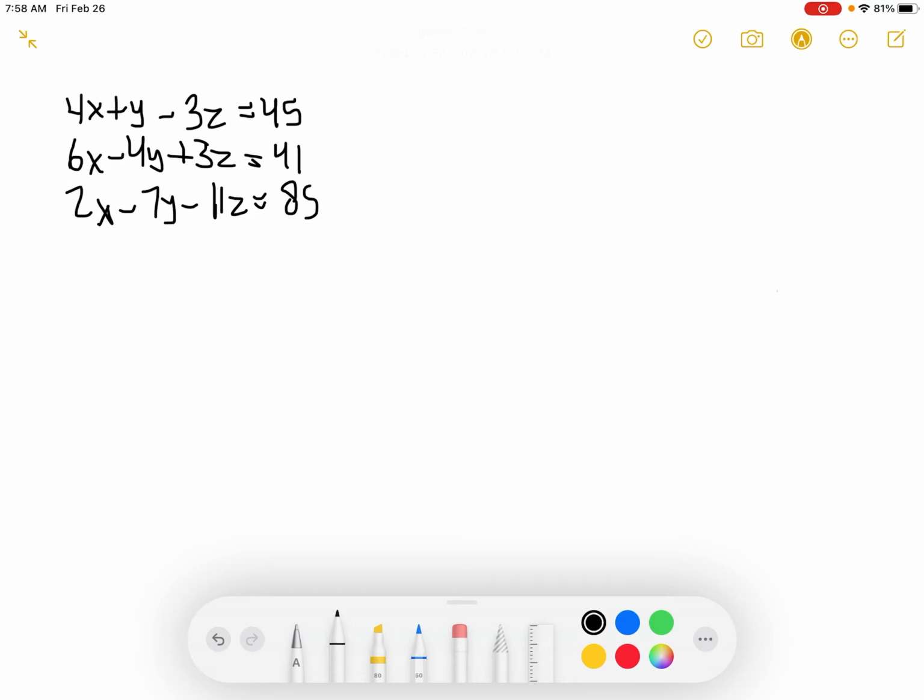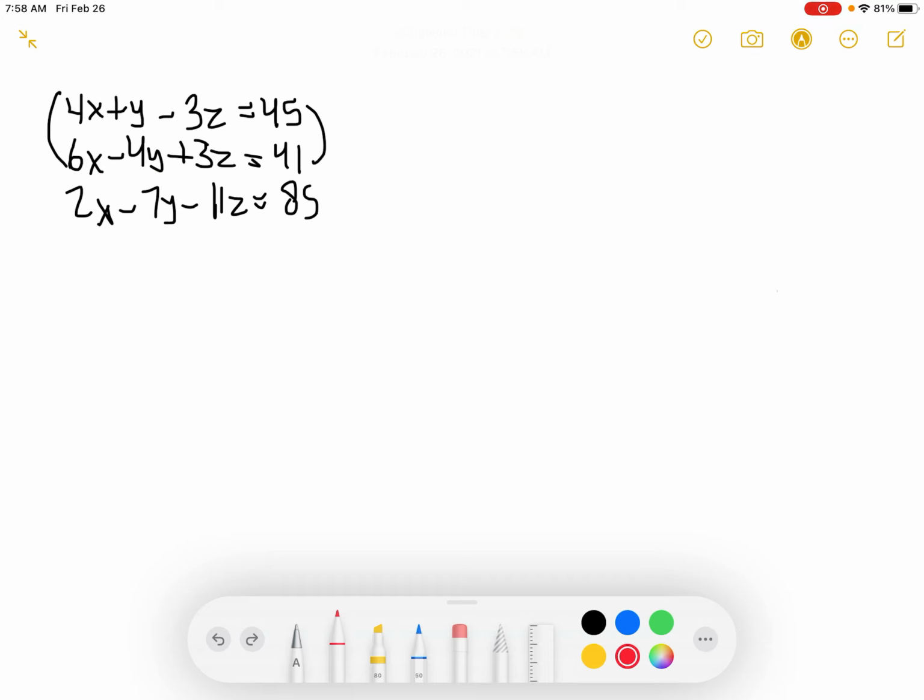So what you have to do for elimination for this one, you have to first find something. This is why I need you to watch the last lesson, because I explained more about elimination. So I'm not going to explain as much about it. But you have to multiply by something to make one of these, either the x's, y's, or z's, cancel out.